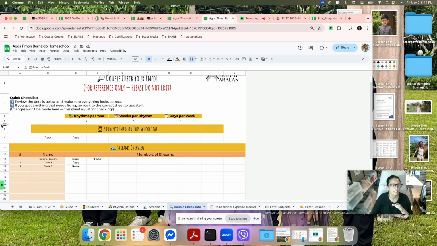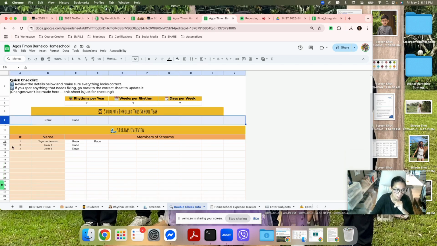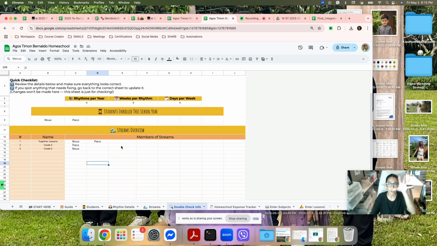So check. Do I have the number of rhythms I want? And the weeks per rhythm and the days per week. Okay, tama ba yung mga nakalista kong estudyante? Kumbaga enrollment sheet to. Check, check, check. Lahat sila enrolled in together lessons in grade 3 and grade 5. Okay? So let's take a pause there.